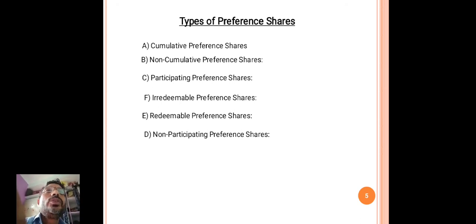So non-cumulative preference shareholders will get dividend only when the company earns profit.